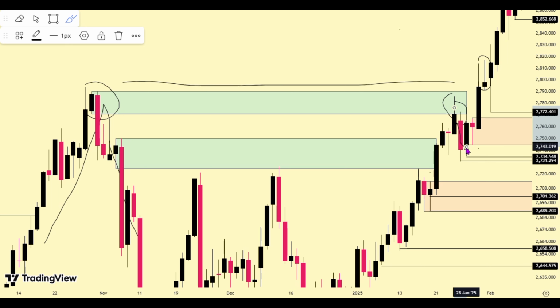Price gave us that reaction, right? So ideally, anybody that is in the trade will be at break even or will move their stop losses from entry into profit. So let's say their stop losses are just within here. They actually got in at the tip. And then this is the candle that took away all their stop losses, or this candle actually hit their break even.